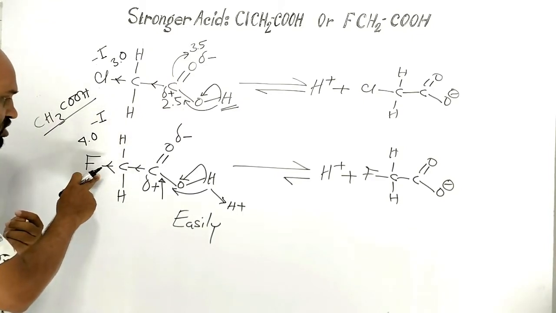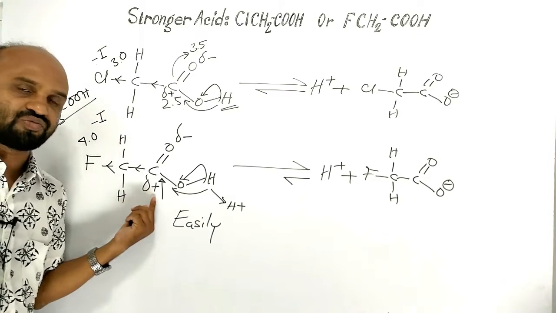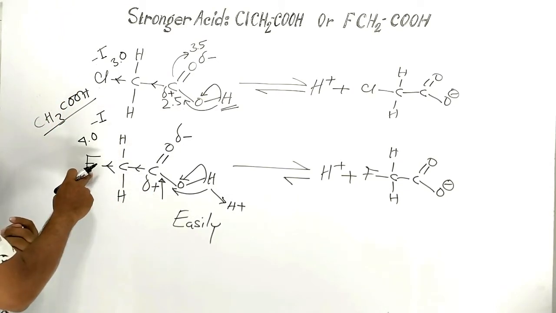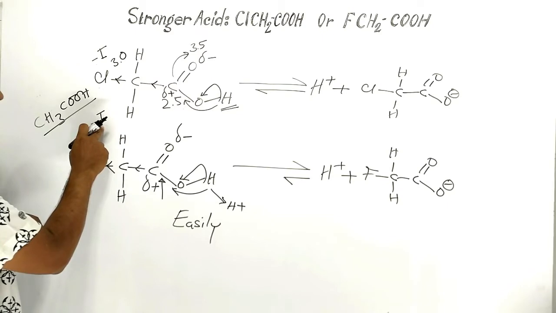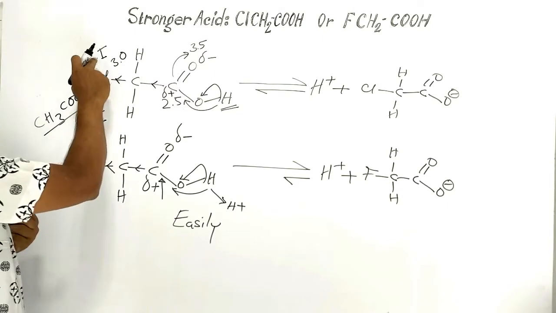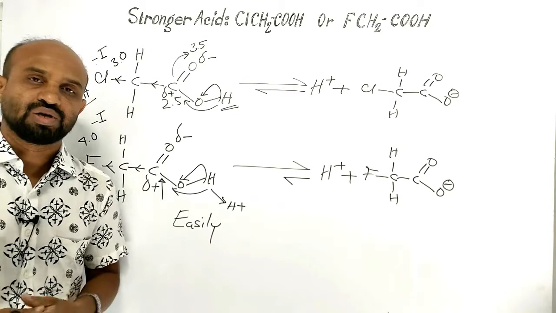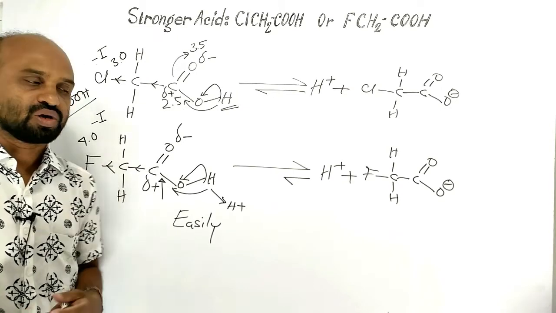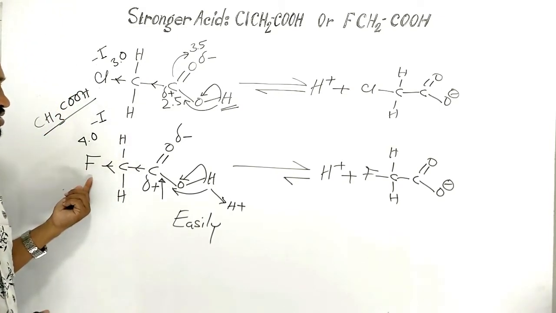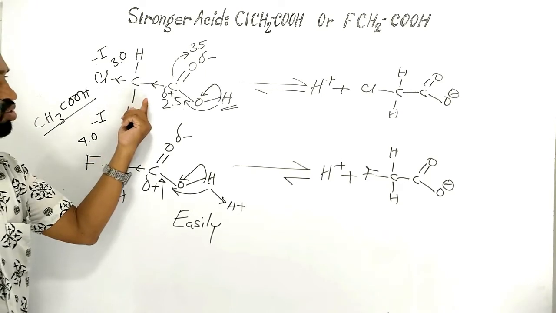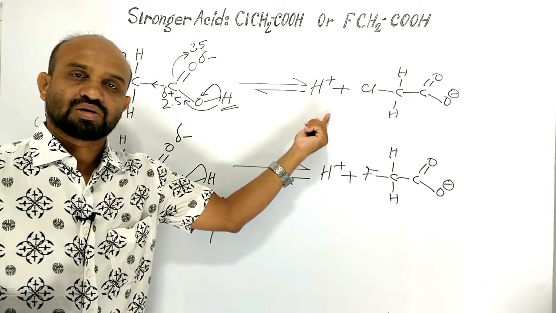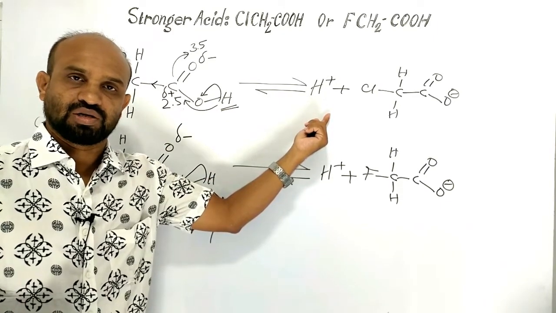Fluorine withdraws electrons strongly, because it is a powerful negative inductive effect atom, but chlorine is comparatively weak compared to fluorine. So from chloroacetic acid the proton is produced, but comparatively laboriously.